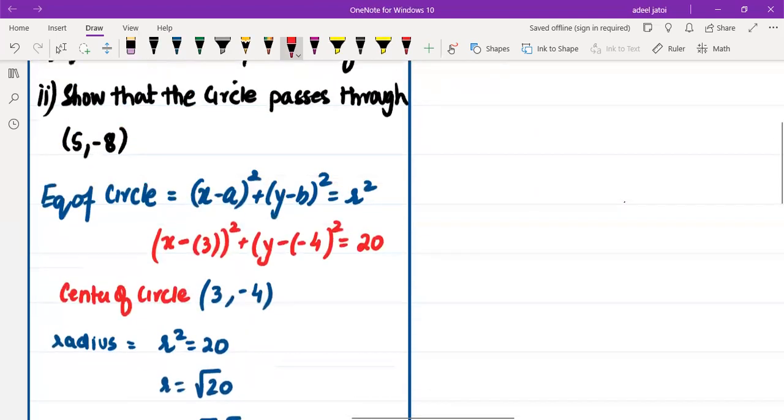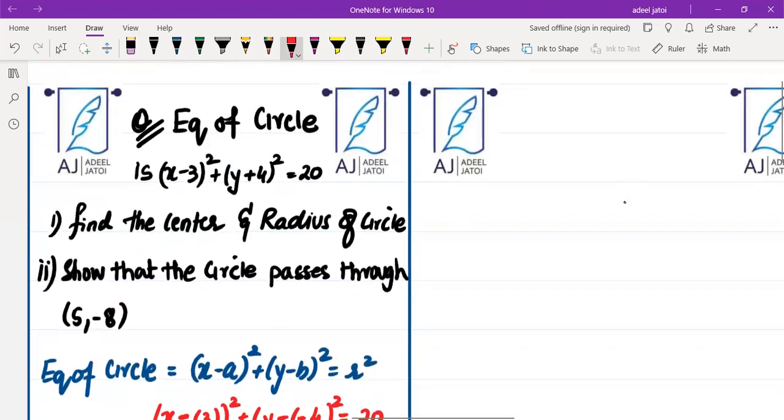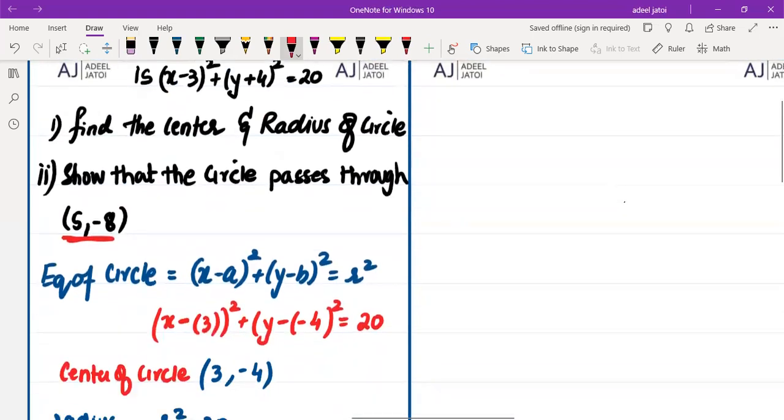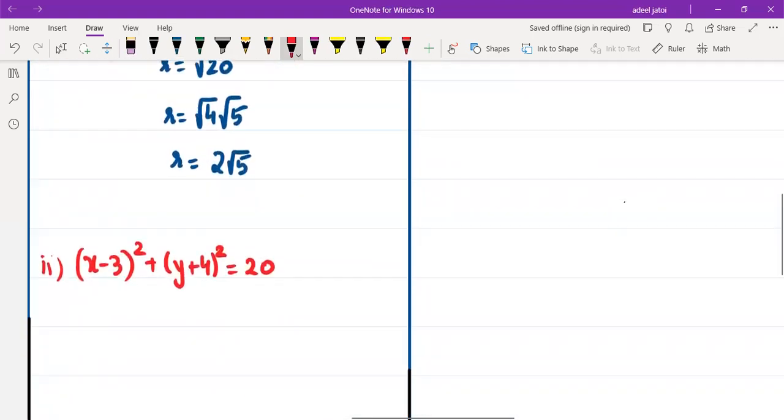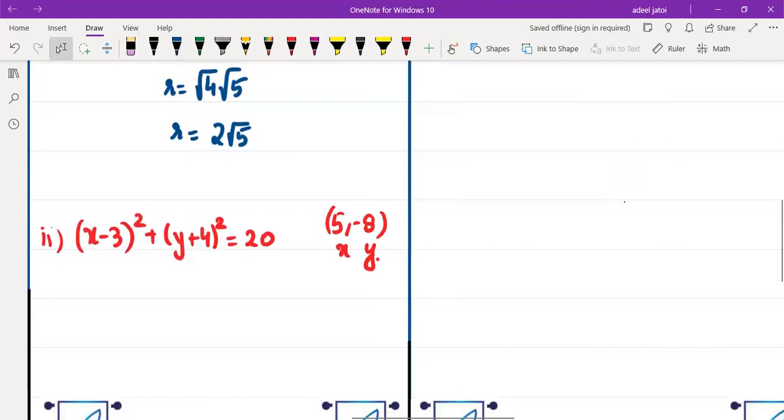So we had the point (5, -8), where 5 and -8 are x and y. So knowing this, (5 - 3)² + (-8 + 4)² is equal to what?